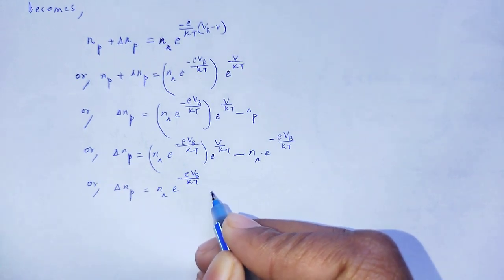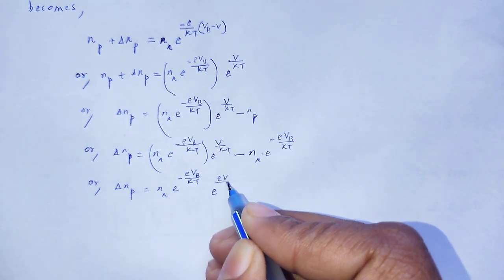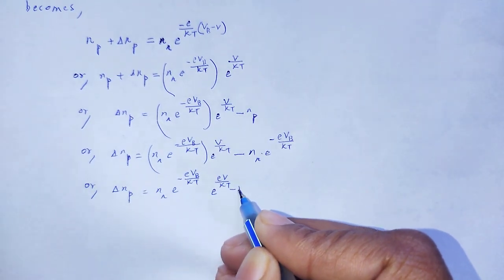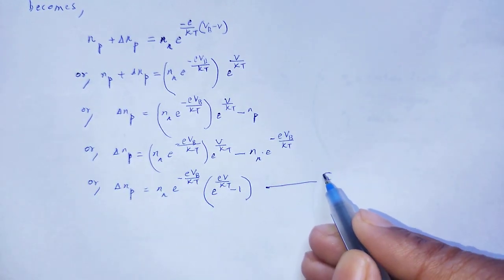Taking that as common, inside the bracket we have e to the power EV by Kt minus 1. Equation number 7.